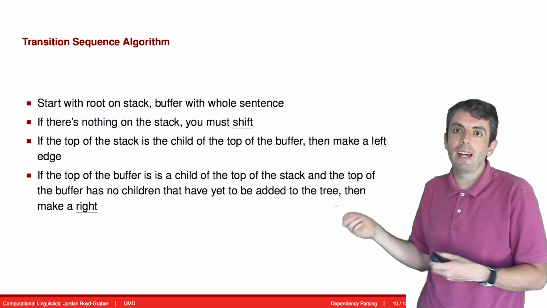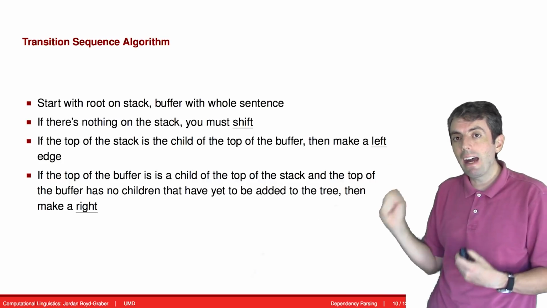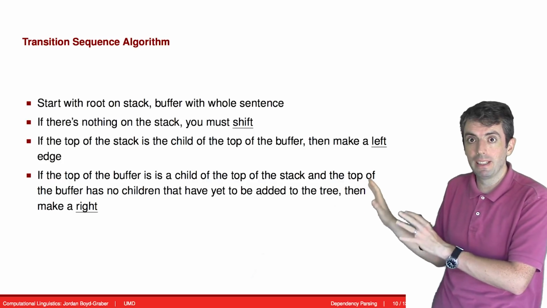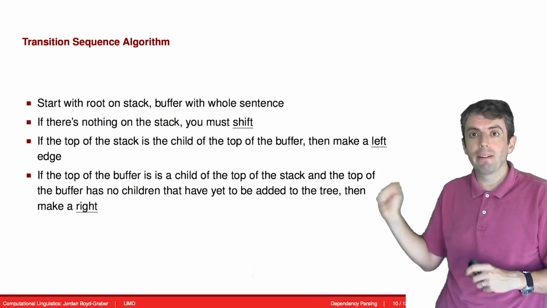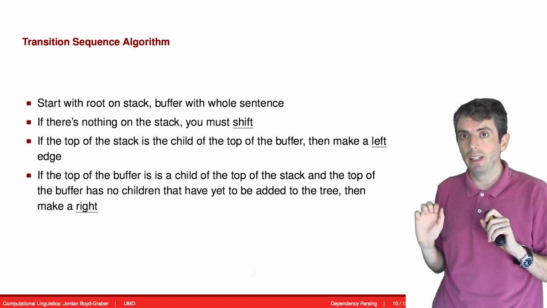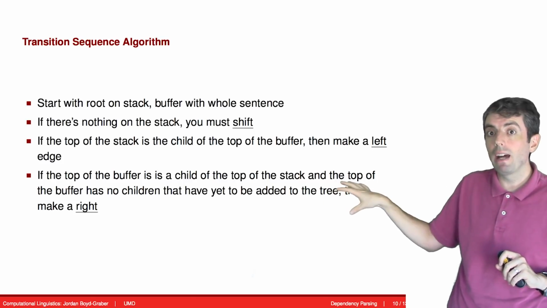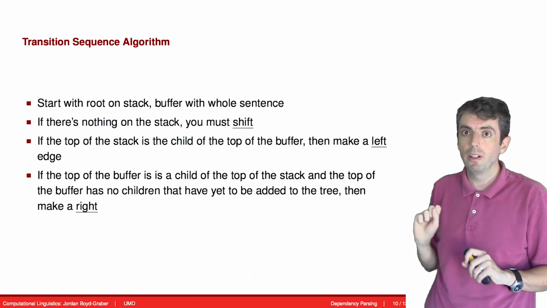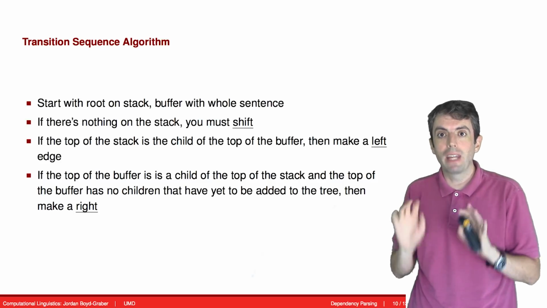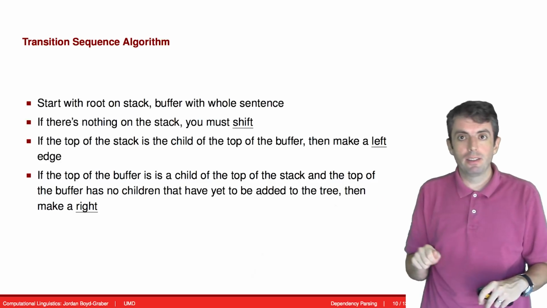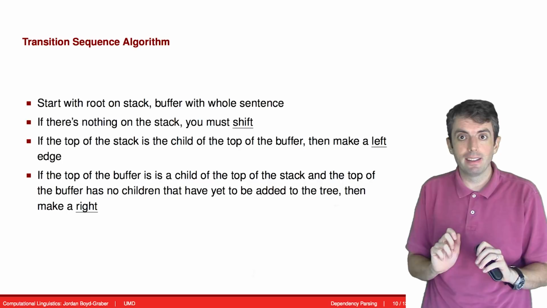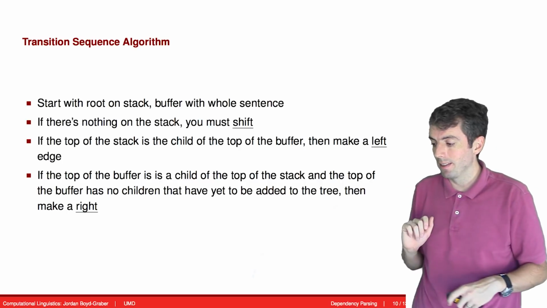You can only add a right edge after all of its children have been dealt with. Because once you add that right edge, you basically take it out of circulation forevermore. And so this is basically saying that if you have to later add more children to this word, wait. You can't deal with it yet. Put it on the stack or let it stay on the stack until you've dealt with other things first.